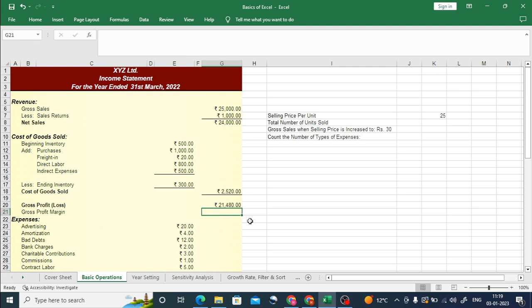To calculate that, we first of all type is equal to, then we select the amount of gross profit divided by net sales multiplied by 100.